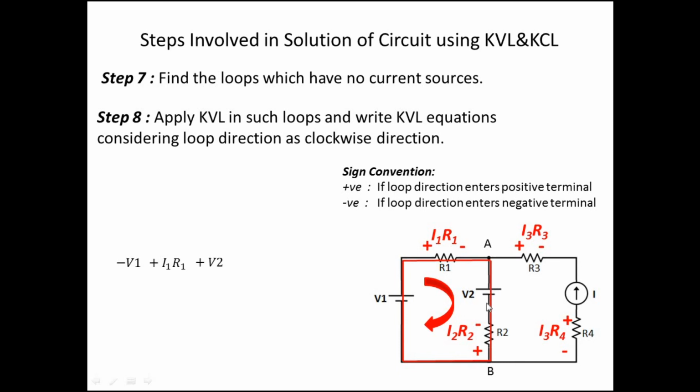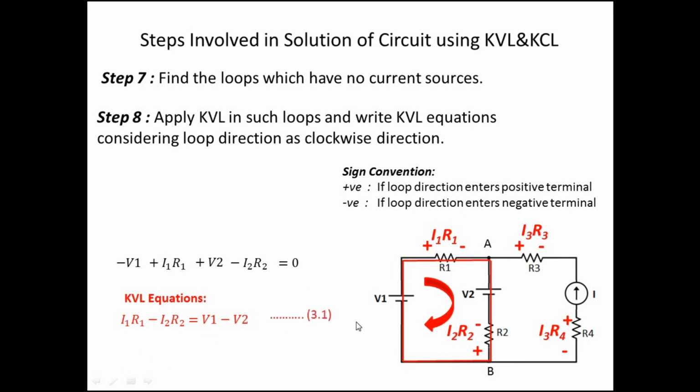For the next voltage drop, I2 R2, it is entering minus, so it is minus I2 R2. The sum is 0. There is only one loop which has no current source, so there is only one KVL equation. We can write that equation as I1 R1 minus I2 R2 equal to V1 minus V2. So this is the KVL equation.